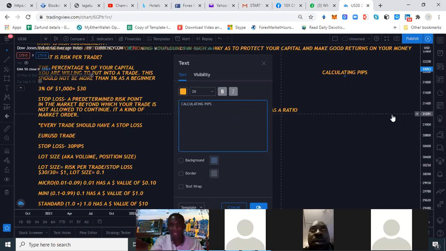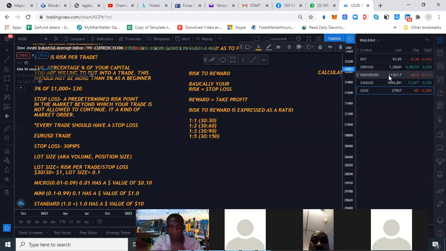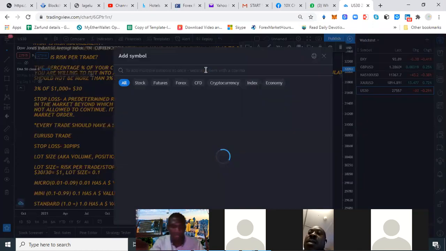So basically, let's pick a pair that we can use right now. Let's say we pick, let's add Euro USD here. Let's use Euro USD. We already started using Euro USD.